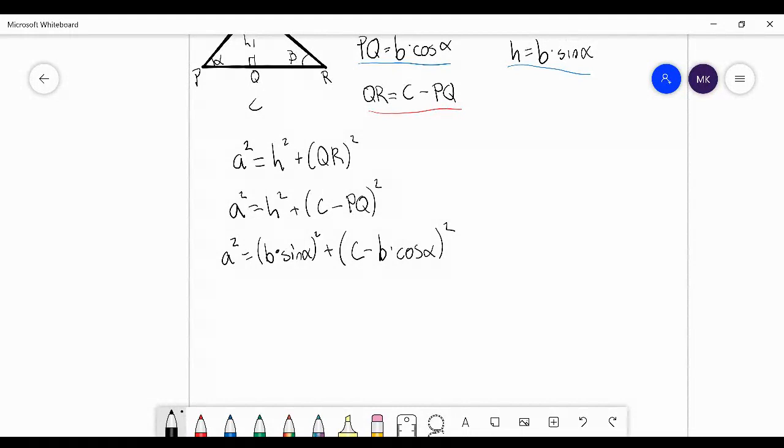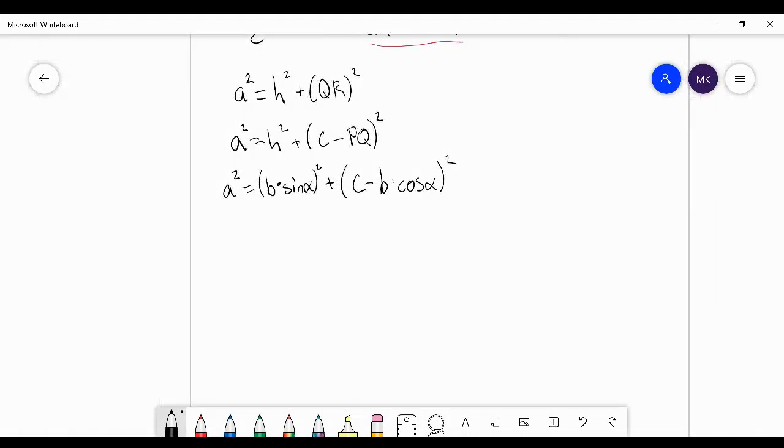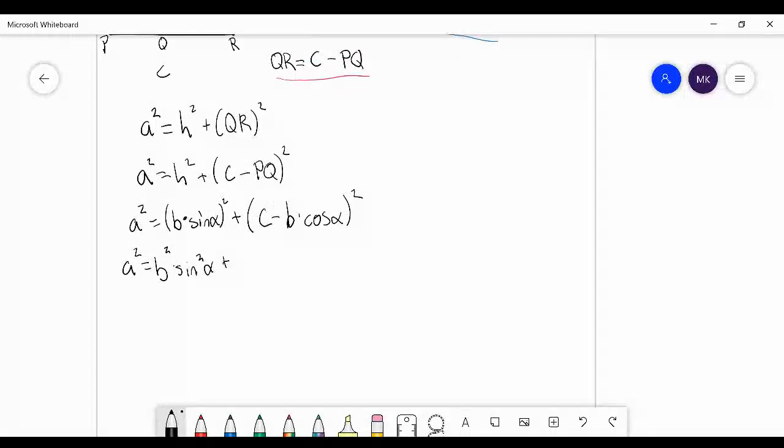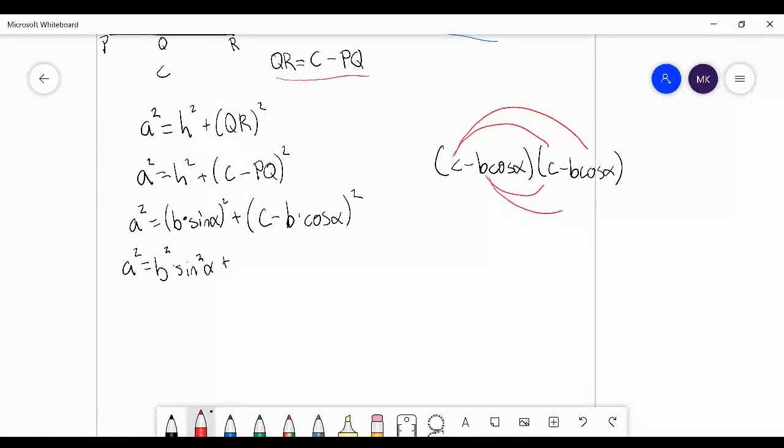Now what I want to do is deal with these parentheses. I want to get rid of all these parentheses by simply, in the first piece, the B sine alpha, distributing my squared, and in the second piece by multiplying that out, by expanding that. And so what I end up with is A squared equals B squared times sine squared alpha plus, and if I look over here, we can think of this as some side work, we have C minus B cosine alpha times C minus B cosine alpha, and I have to FOIL this.